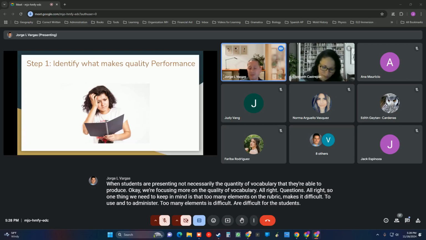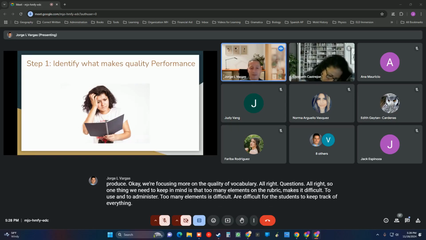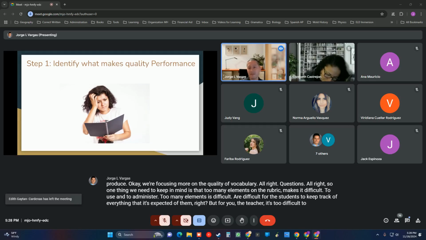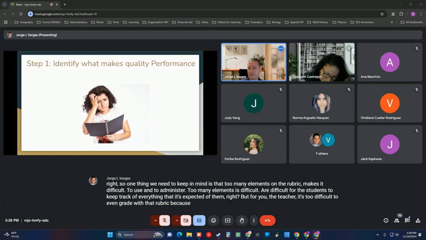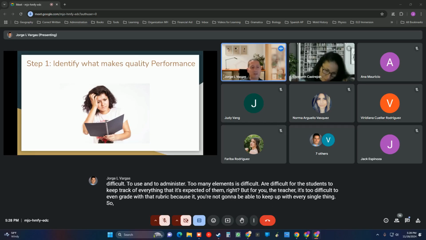So at the end of the day, it reduces the meaning of the rubric to the students. It becomes obsolete, and they pay very little attention to what really needs to be presented during that assessment. So I would say the fewer elements, the better.